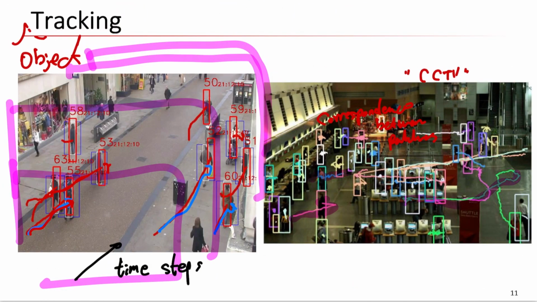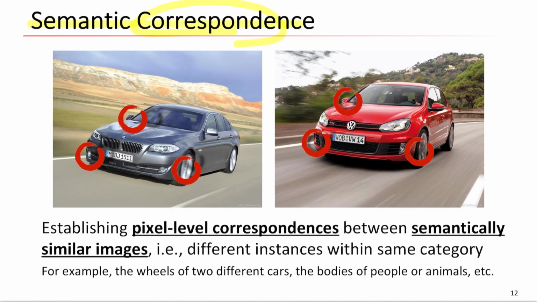But in semantic correspondence, the objective is to establish pixel-level correspondence between semantically similar images. For example, as humans, we know that this is a car, and this is a different car, right? But we know this part corresponds to this part, that corresponds to this one, this part corresponds to this one, right?